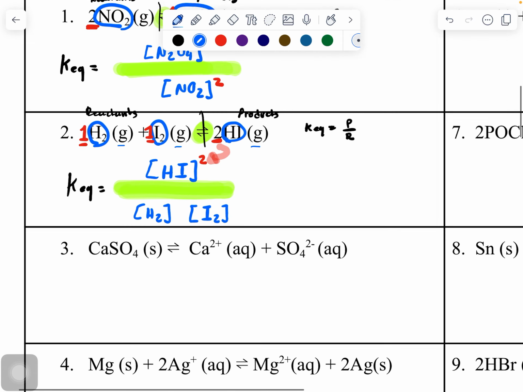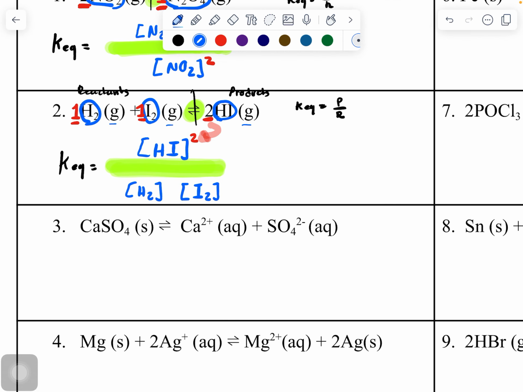Okay, I'm going to do one more with you because the following one has a solid in it, and I want to make sure that you know how to do that one. So let's go ahead and color code. Oh, wait. This is a solid. So what I want you to do right away is to go ahead and cross it out and put a 1 for it. Okay, solids and liquids are not included. Now this is aqueous, so this is good.